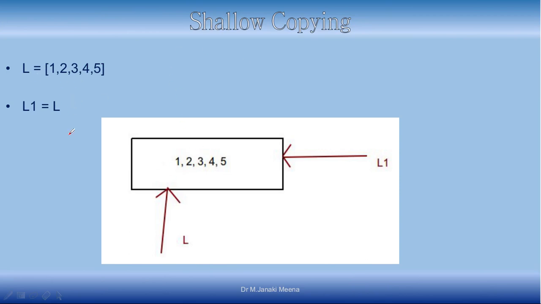Consider these two lines. In the first line we are creating a list L with 5 elements, and in the next line I am saying L1 equal to L. We can picture it like this: a memory block is already allocated for L, and the same thing will be used for L1 also. No separate memory will be allocated.